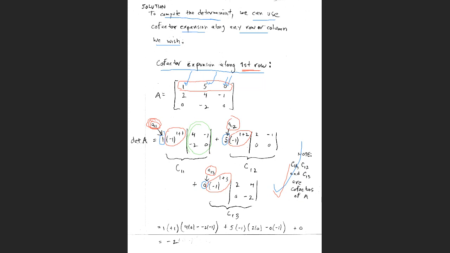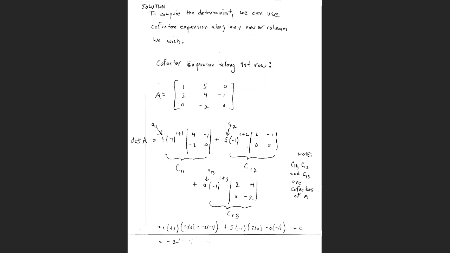So if we block off the first row and the first column, the submatrix that's not blocked off is 4, -1, -2, 0. Let me show you this again here.